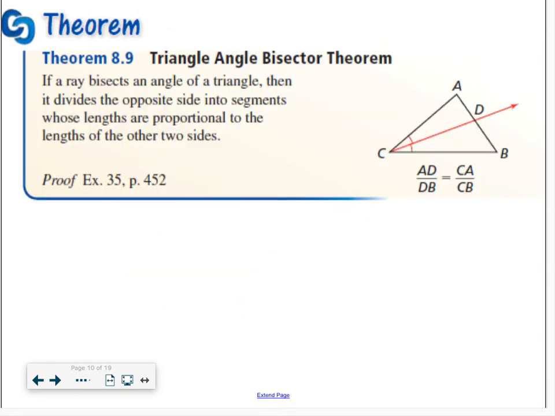The last theorem we're going to take a look at is the triangle angle bisector theorem, which says if a ray bisects an angle of a triangle, then it divides the opposite side into segments whose lengths are proportional to the lengths of the other two sides.